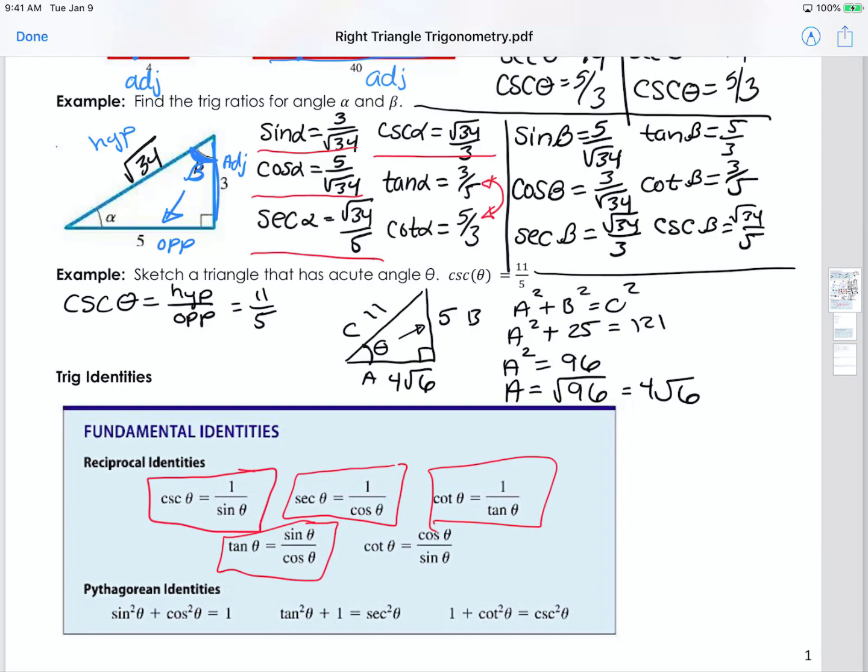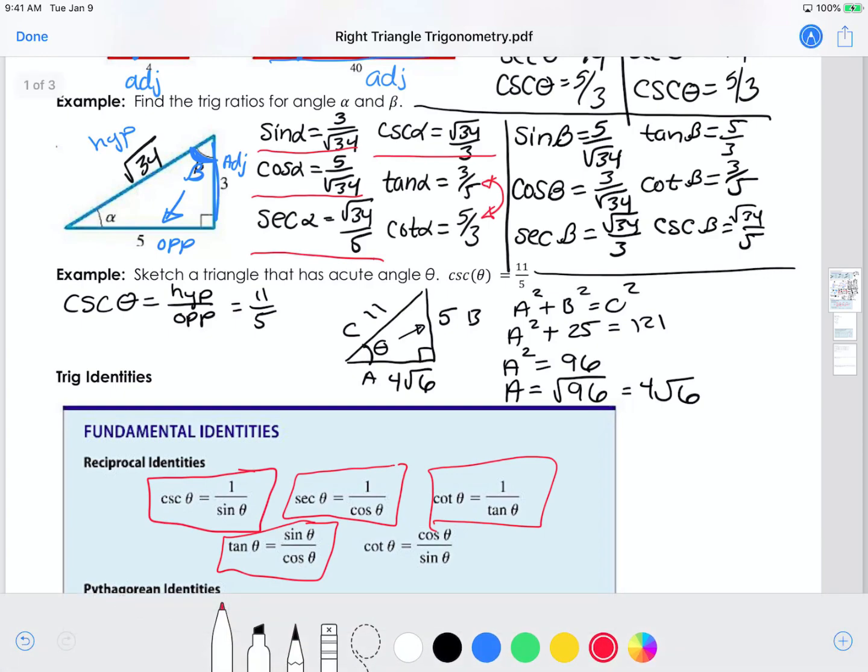Our previous example shows that sine is 3 over the square root of 34. So we would have 3 over the square root of 34 over our value of cosine, which is 5 over the square root of 34. When you have a fraction divided by a fraction, you flip the denominator and change it to multiplication.